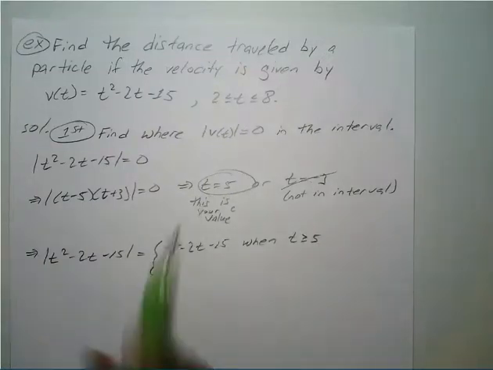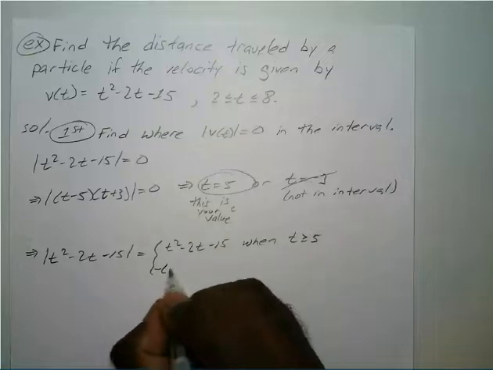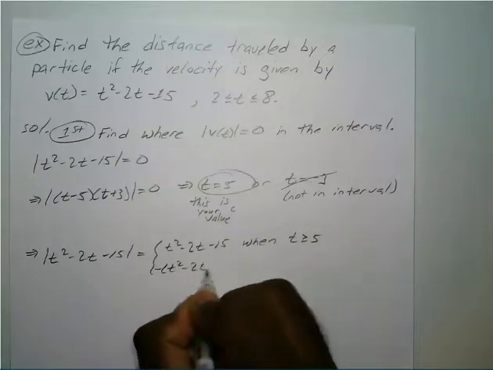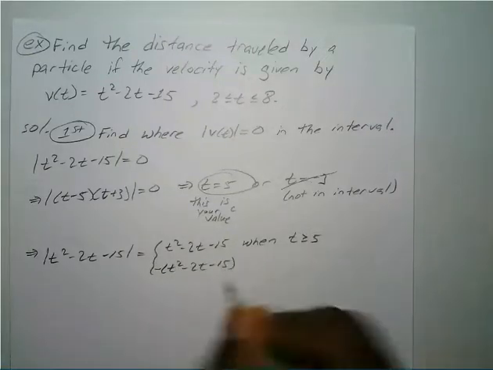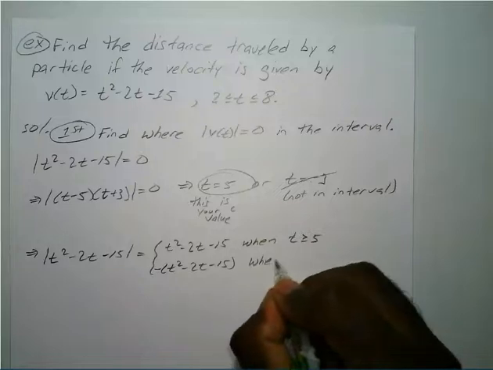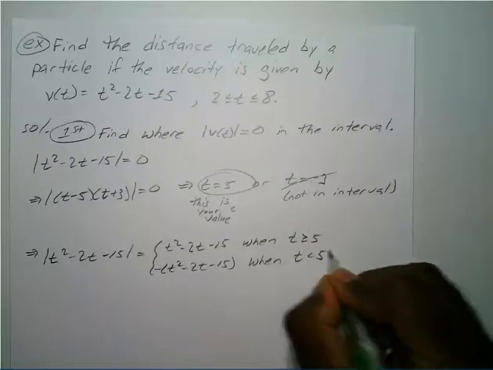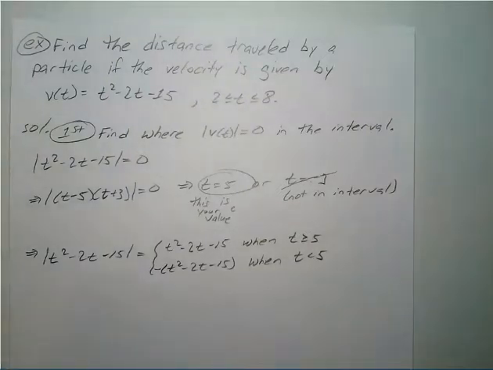And it's equal to the negative of that, negative of t squared minus 2t minus 15, when t is less than 5. If you remember from the previous video when we did the integral of absolute values, we use that same method.